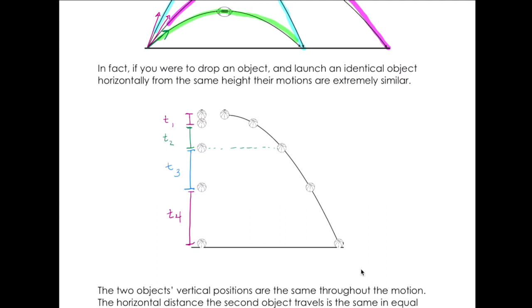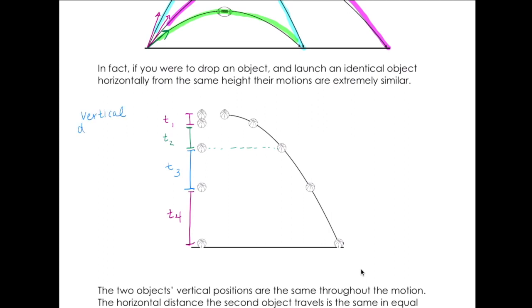They're progressively getting further vertical distances, because the object is accelerating due to gravity.